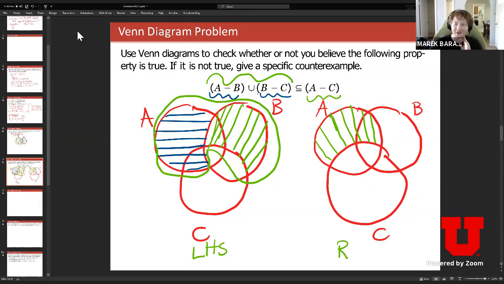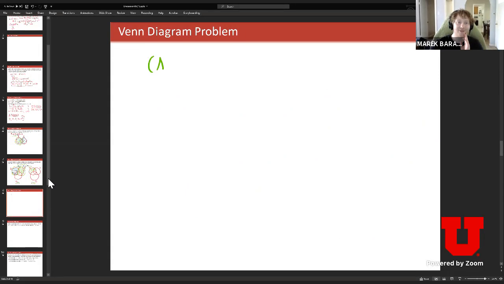And so the problem asks us to come up with a counterexample to this.